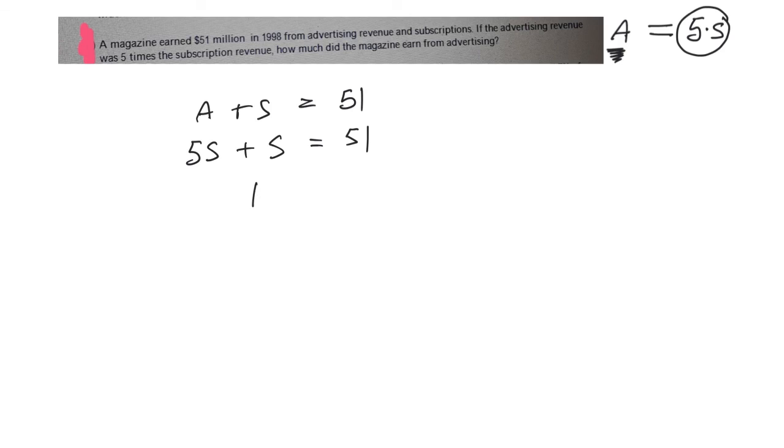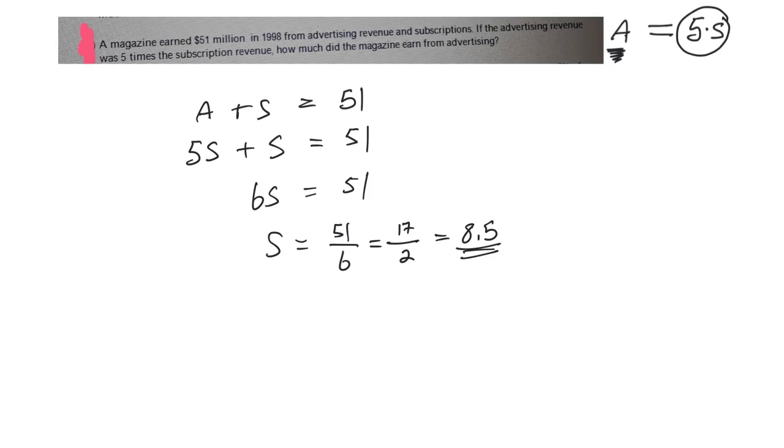5s plus s would be 6s is equal to 51. Divide both sides by 6. You get 51 over 6. 3 will go into each of those, I think. 17 and 2. So 17 divided by 2 is 8.5. So that's how much they got from subscription.